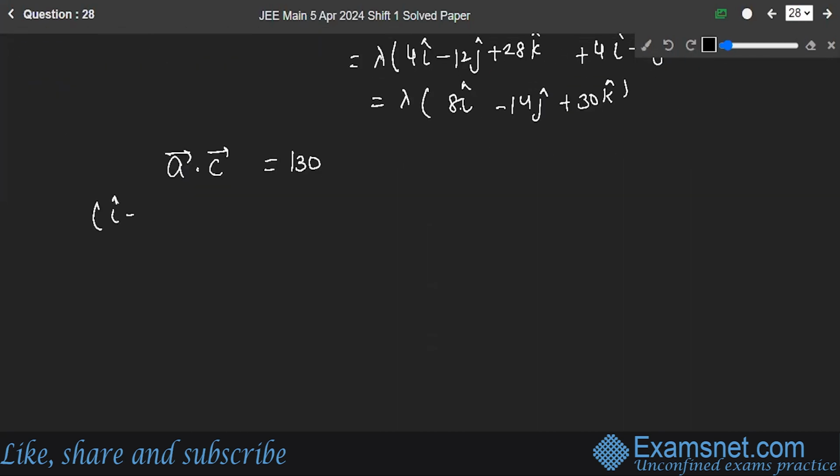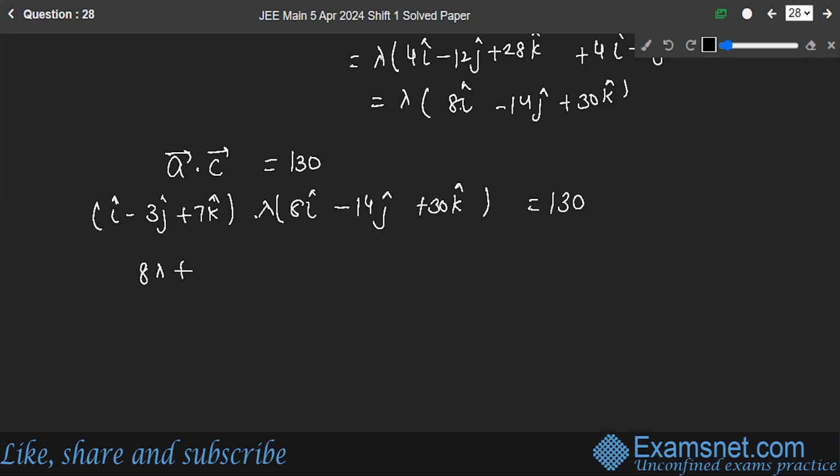So the dot product with 8I minus 14J plus 30K is equal to 130. So this gives me, here was lambda, right? So this gives me 8 lambda plus 42 lambda plus 210 lambda is equal to 130. So 260 lambda is equal to 130, or lambda is equal to 1 by 2.